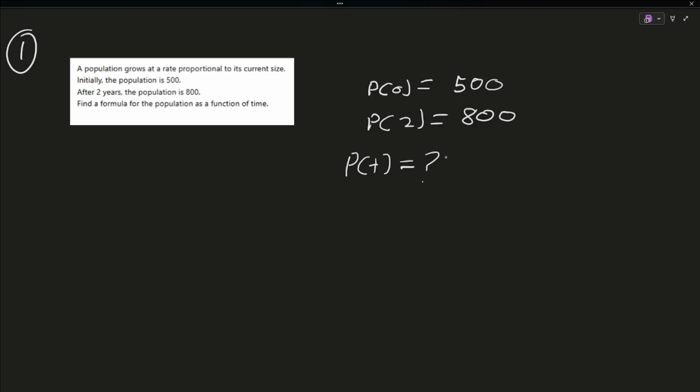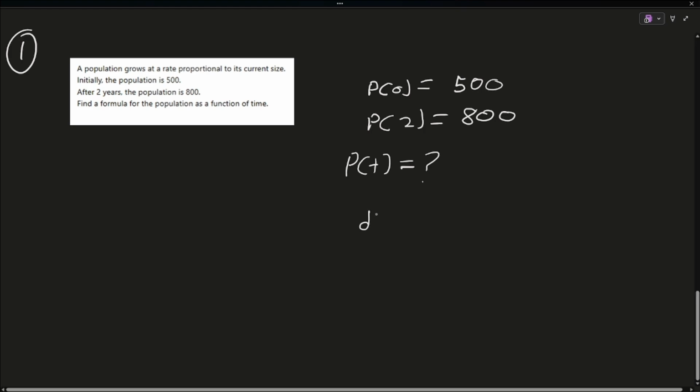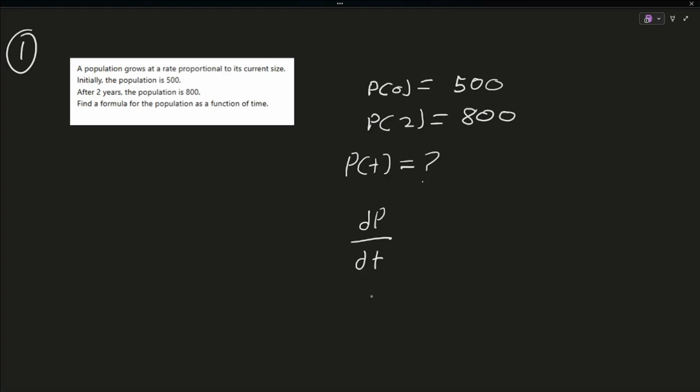So this is the mathematical translation of this question, and the first sentence is telling us a population grows at a rate proportional to its current size. So we are given that dP/dt, the growth, the rate of change of the population, it doesn't matter, this just tells us that the population is going in a positive rate of change.